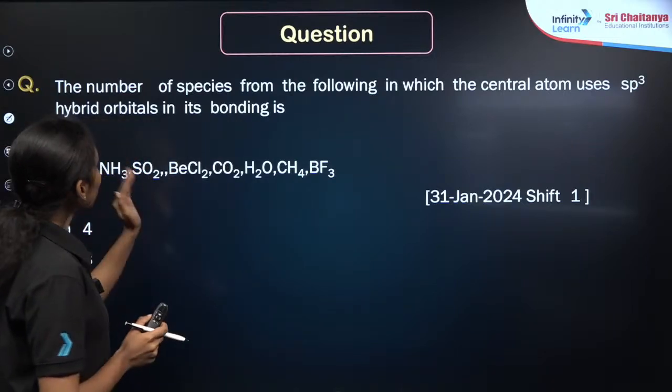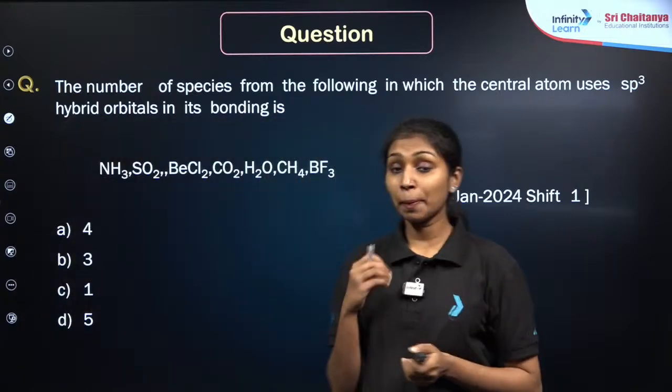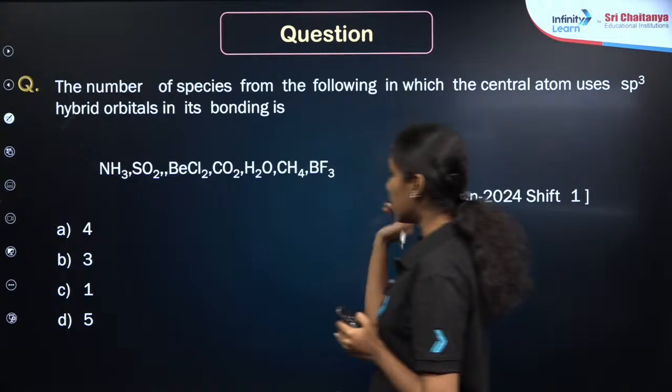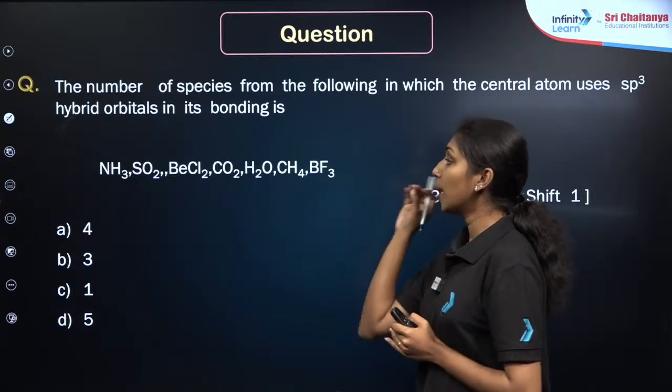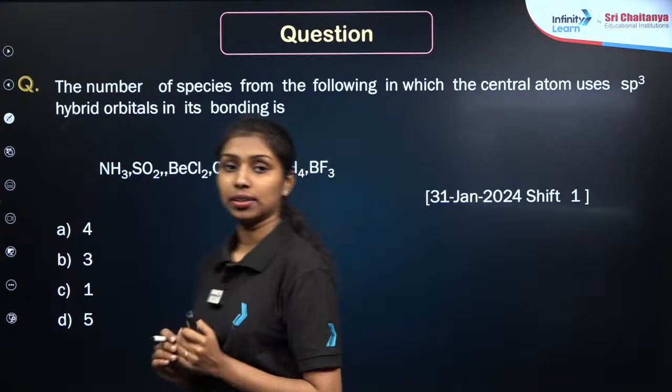Then, the number of species from the following in which the central atom uses sp3 hybridized orbitals in its bonding. Some of the molecules are given here. First, you have to find out the molecules which are having sp3 hybridization.